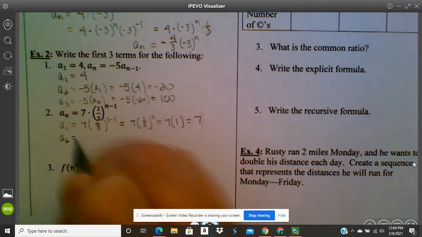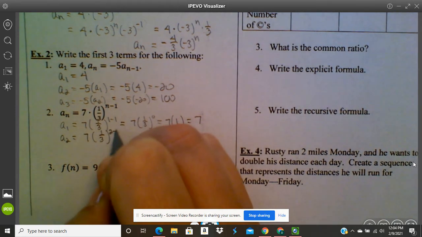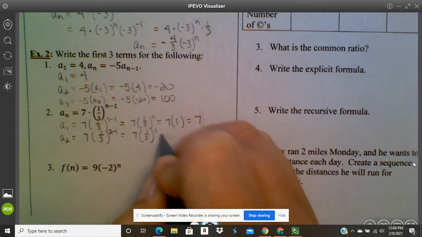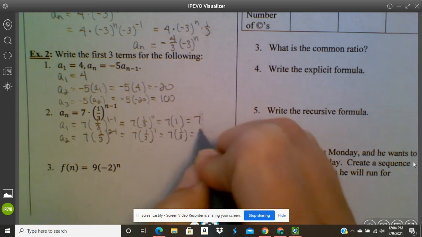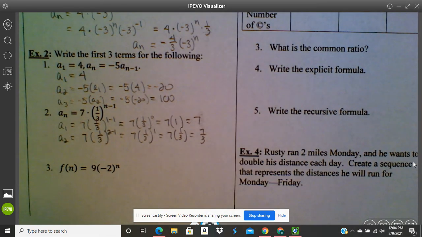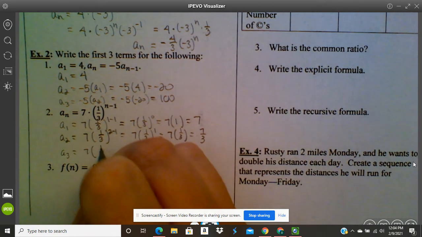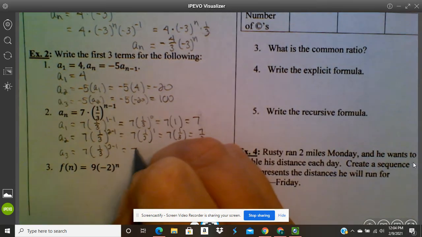Okay, my second term will be 7 times 1/3 to the 2 minus 1. That's 7 times 1/3 to the first power. 7 times 1/3 is 7/3. Okay, that's so much better. And then my third term is 7 times 1/3 to the 3 minus 1 power.